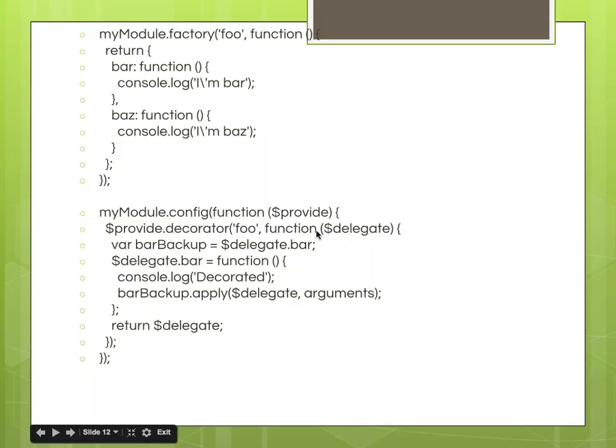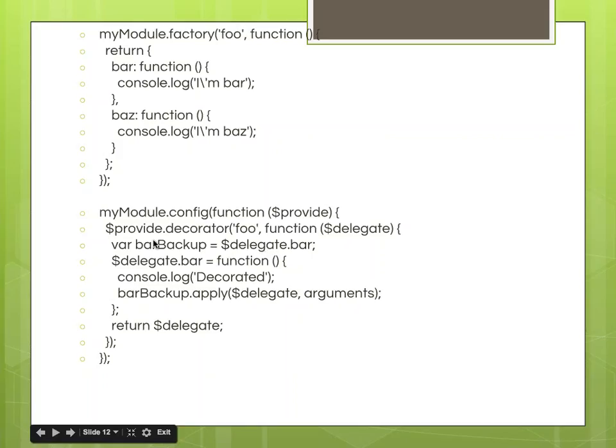Now in this function, the delegate will be nothing but this service that you have injected. Just understand that $delegate equals the foo factory service. So when you say delegate.bar, it will give you the bar function.